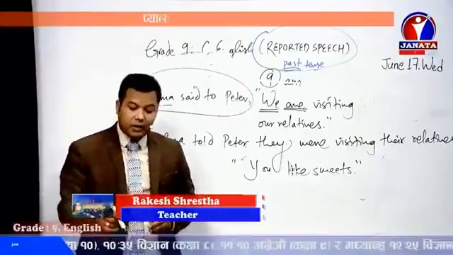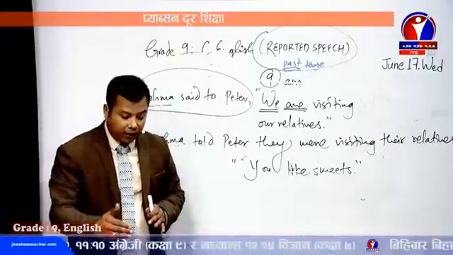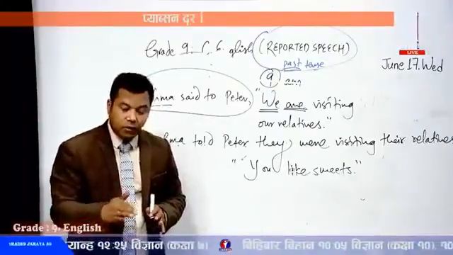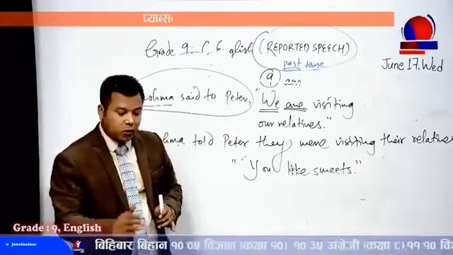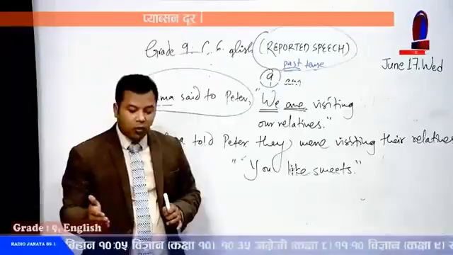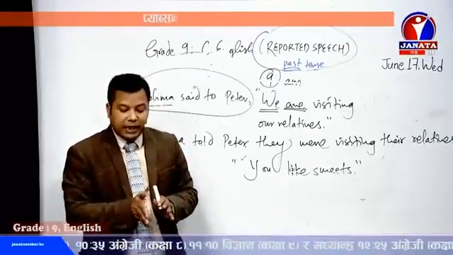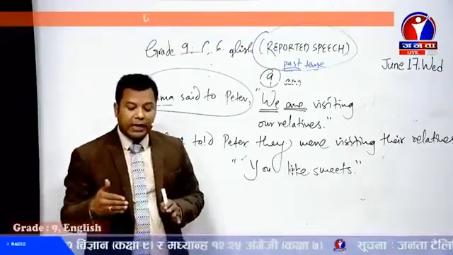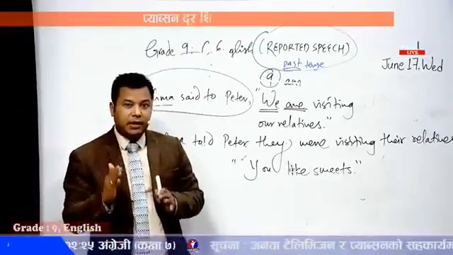Now, Maria said to Saif becomes Maria asked Saif. It's a WH question, why? So, why don't you speak English? Why you didn't speak English? Or that you becomes, you is Saif, so why he didn't speak English becomes the right answer for this.